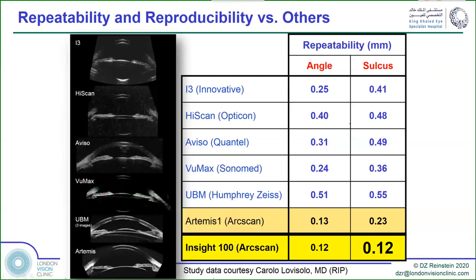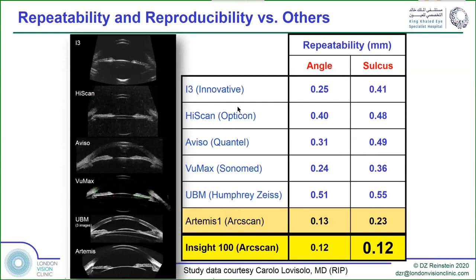So when you think that each lens is sized about 0.5 millimeter from the next, and that the one standard deviation was 0.4 or 0.5 millimeters, you can completely understand why the sulcus to sulcus measurements from these devices were going to be randomly better, or not better, let's say, than a white to white measurement.